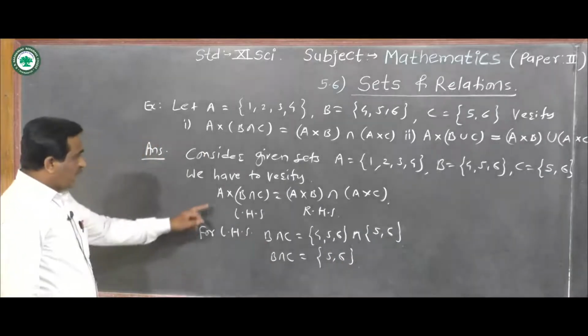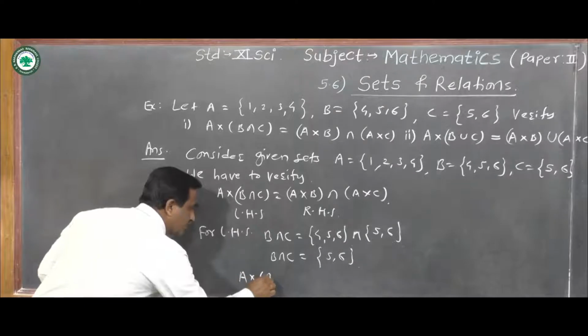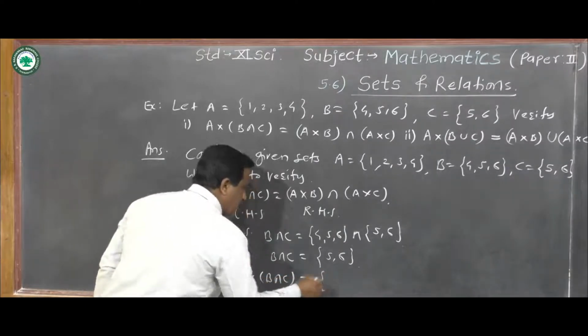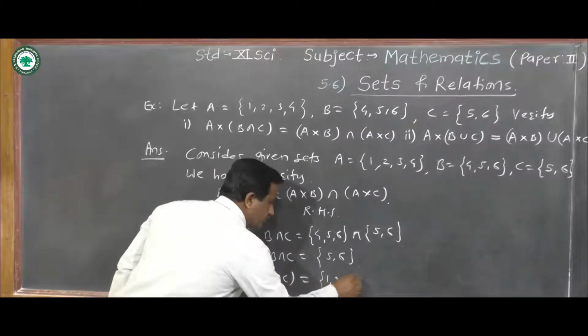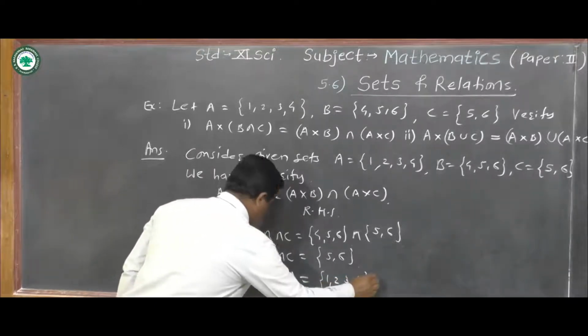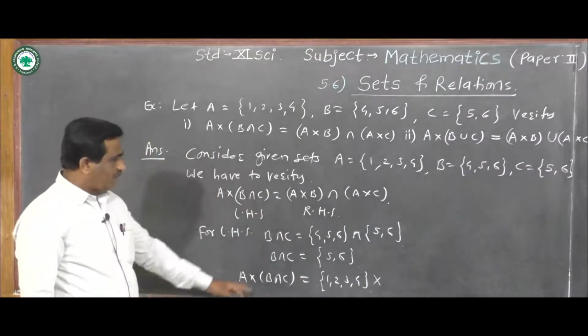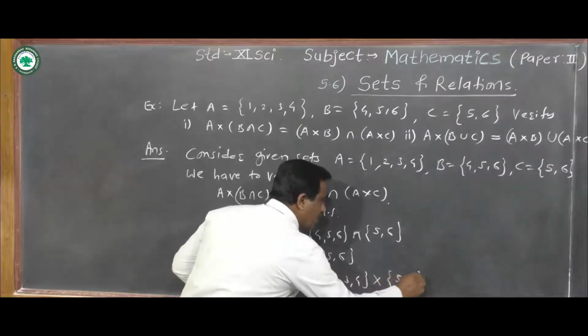Now we have to find A cross B intersection C. That is, A cross B intersection C is equal to, in curly bracket, set A 1 2 3 4 cross set of B intersection C, in curly bracket 5 6.